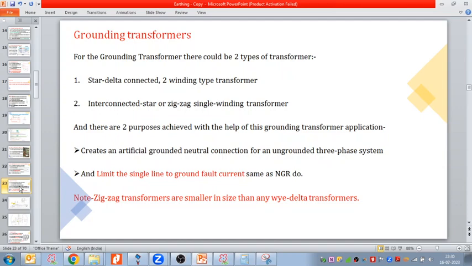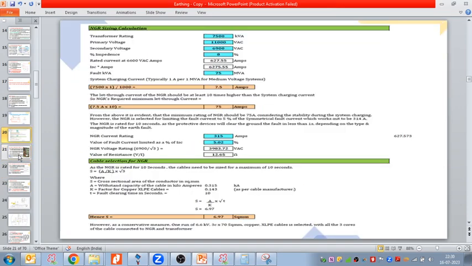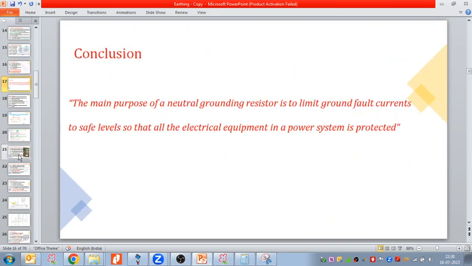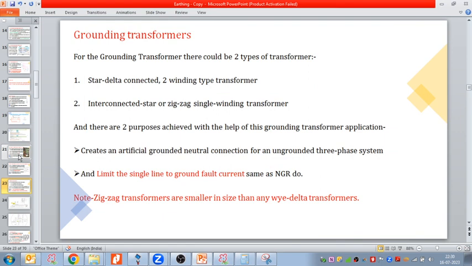And further, as we discussed about the resistance, there are two types: high resistance and low resistance grounding. Similarly, in the case of the neutral grounding transformer, we use two kinds of transformer for the grounding purpose. One could be a star delta connected, just a two winding star delta connected transformer.